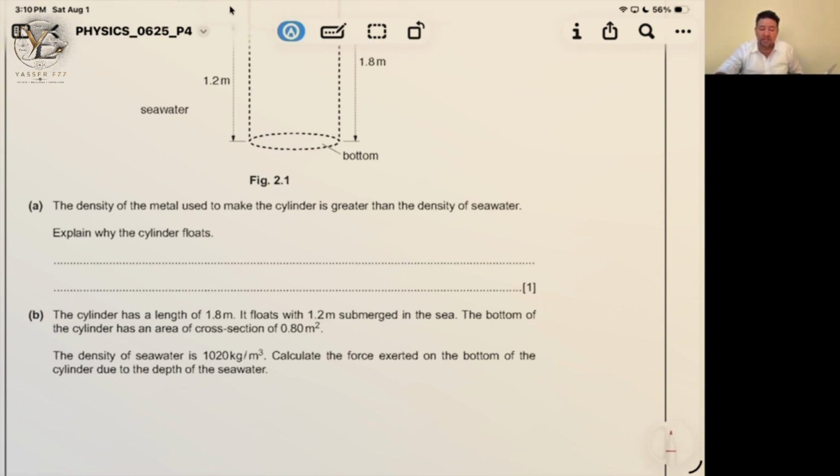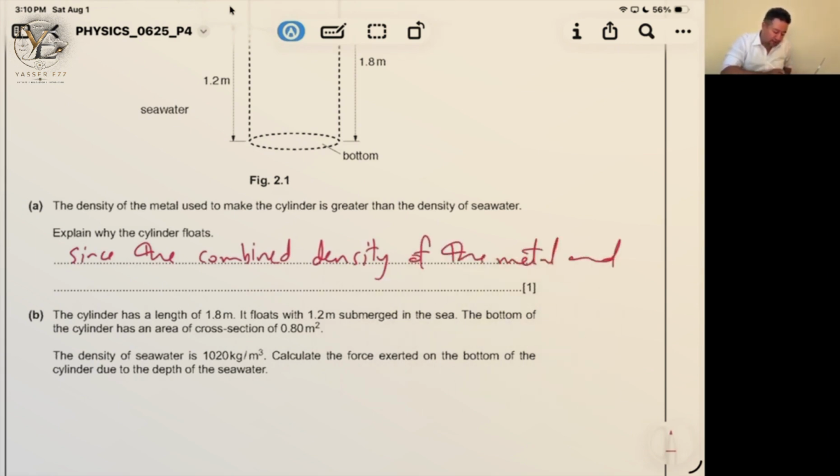The combined density of the metal and the air is less than the density of the seawater, so the cylinder floats.